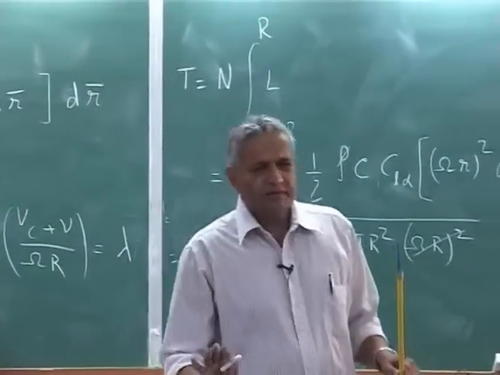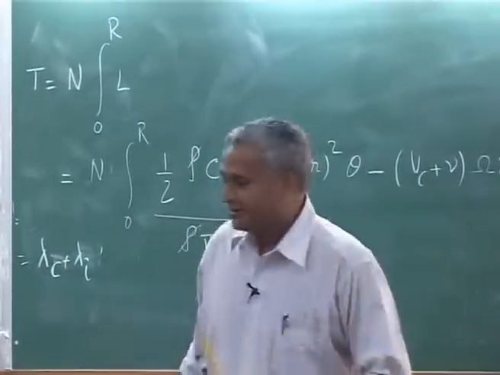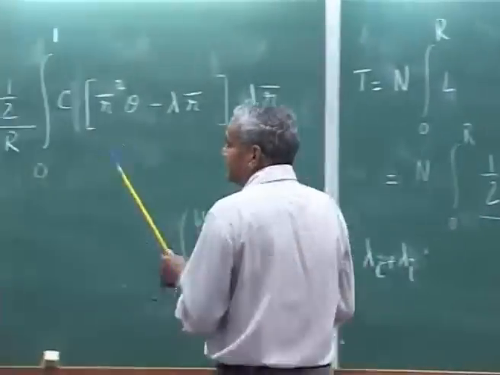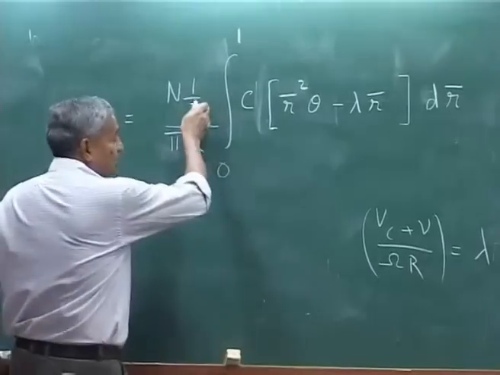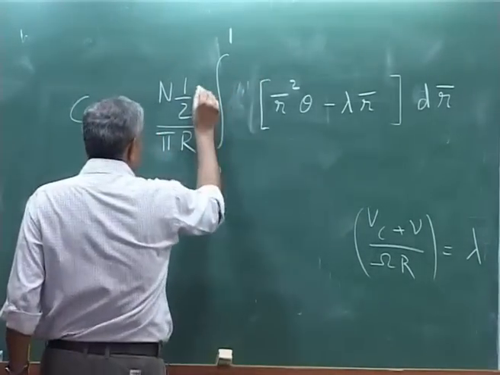Now, if you assume it is a constant chord, then you can take the constant chord c outside. So, I will take the c outside.